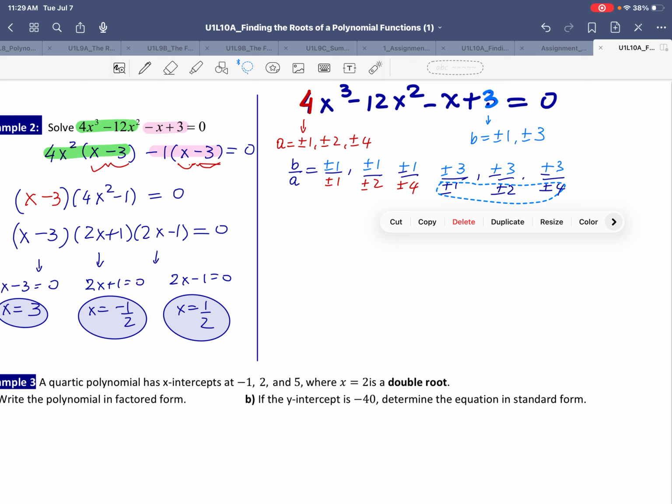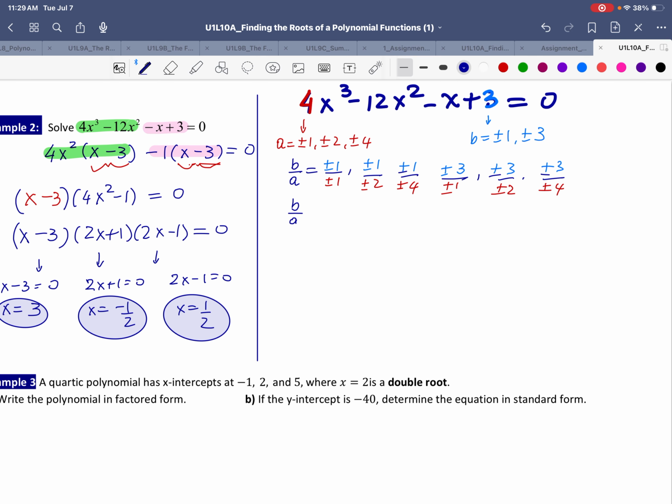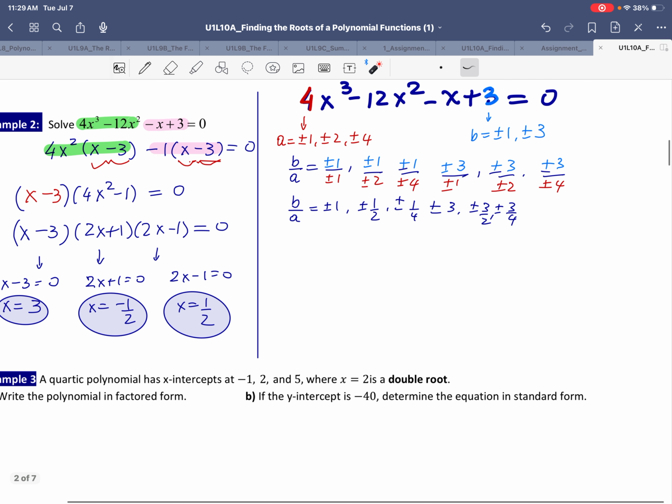Okay, so we can simplify these b over a values into plus minus 1, plus minus a half, plus minus a quarter, plus minus 3, plus minus 3 over 2, and plus minus 3 over 4. So we're going to get started with, let's say, plus minus 3, obviously. We all know these answers from the previous method that we used in here, but normally you would try all the b values in order.